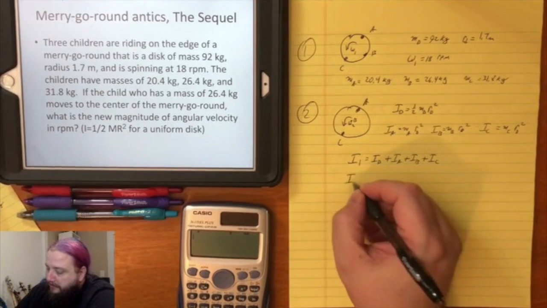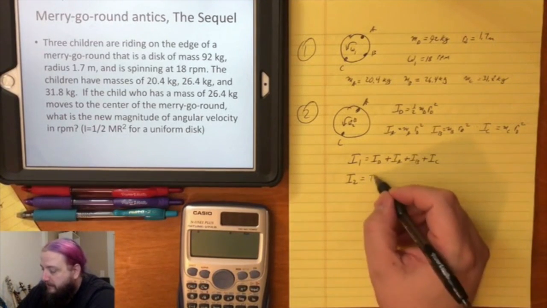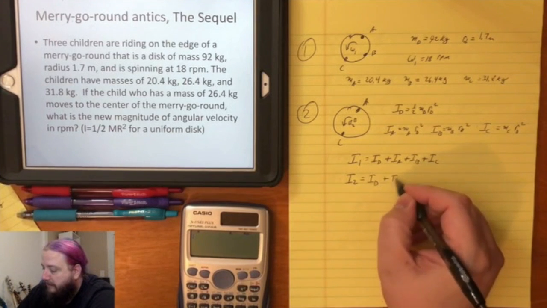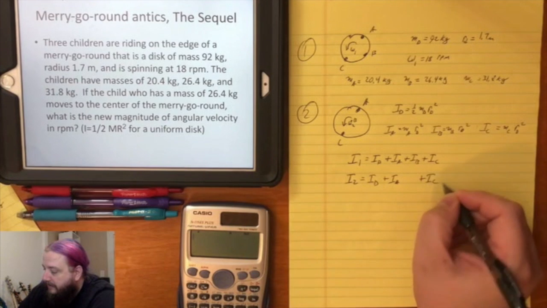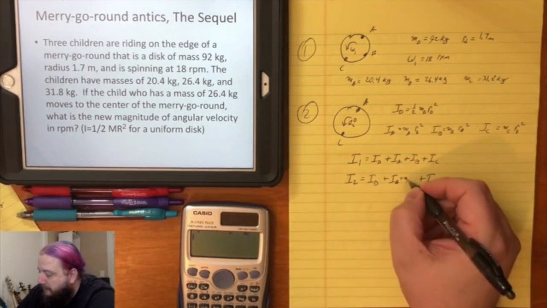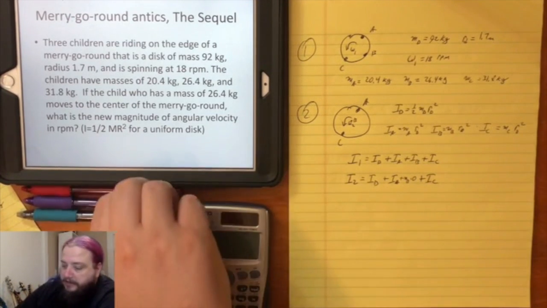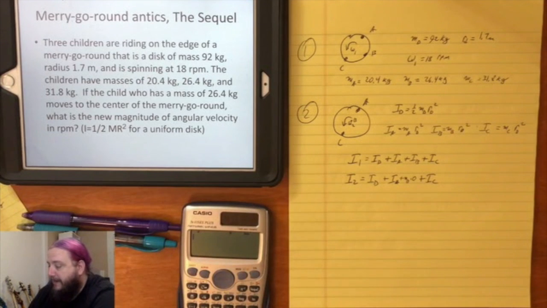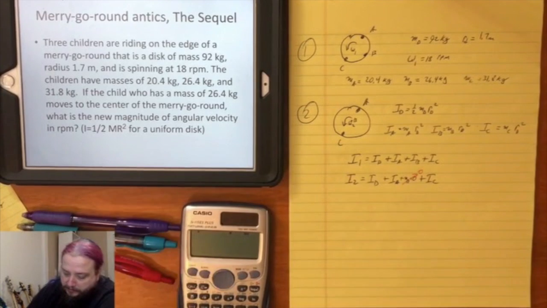But the rotational inertia at moment 2, well, we're still going to have the disk, we're still going to have A, and we're still going to have C, but now B is mass of B times 0, because you're right at the axis of rotation, and so that B term went away.